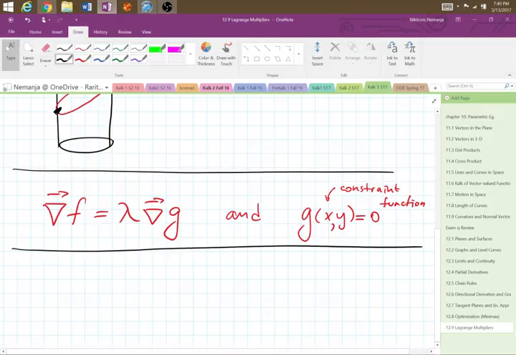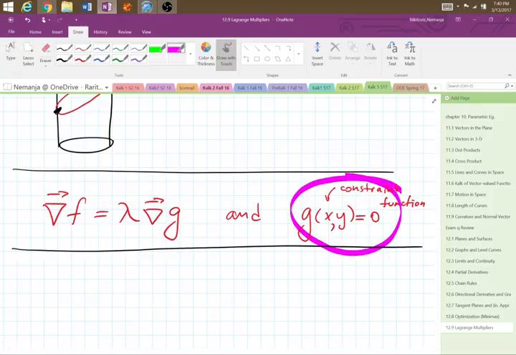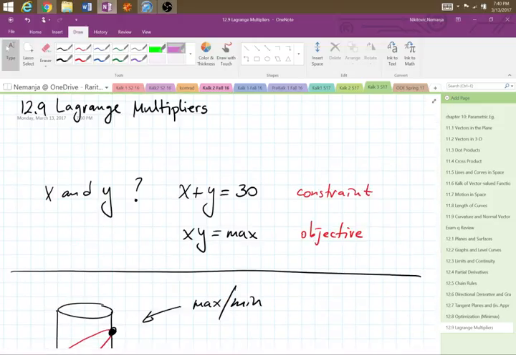Let me tell you what this is. This equation here is this equation.